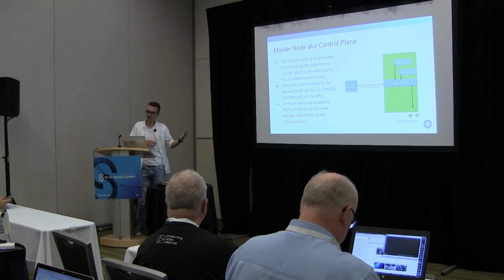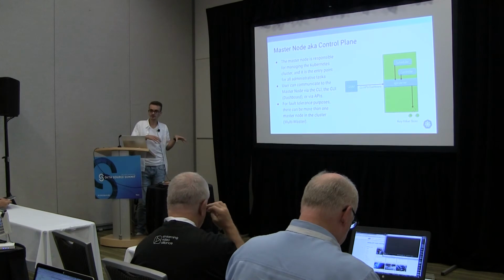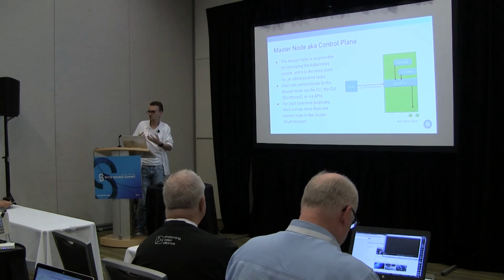The API server is exactly that part of the Kubernetes architecture that allows you to perform actions. So you as an end user reach the API server, which will call other components of the Kubernetes cluster.